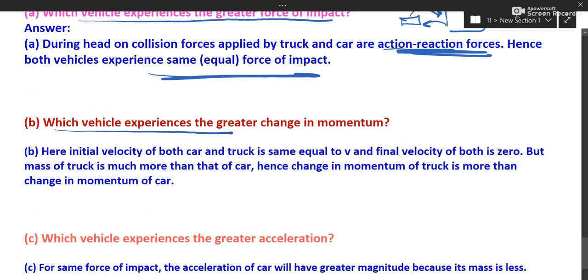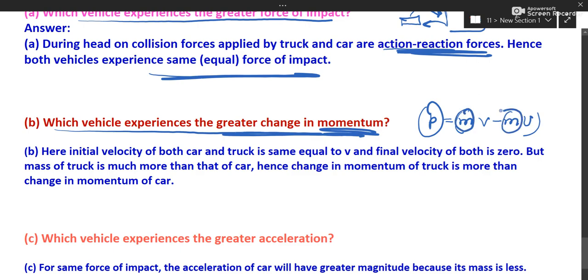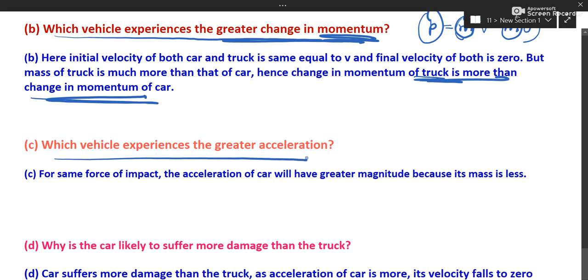Which vehicle will experience greater change in momentum? So greater, because momentum is equal to mass into velocity. And if change in momentum we'll write like this. So basically momentum is directly proportional to mass. So the truck is having more mass, so it will face more change in momentum. Which will experience greater acceleration?